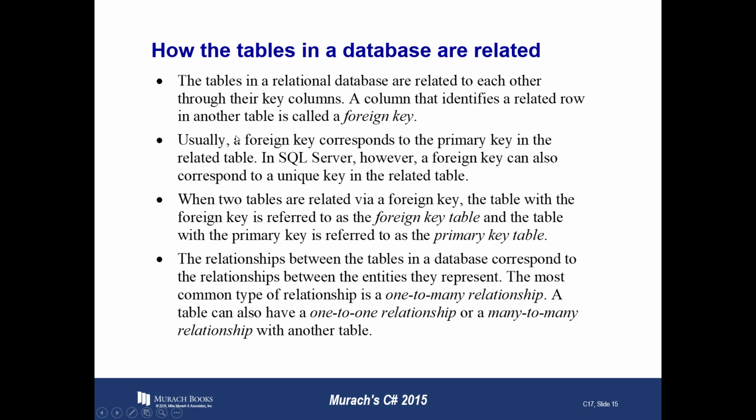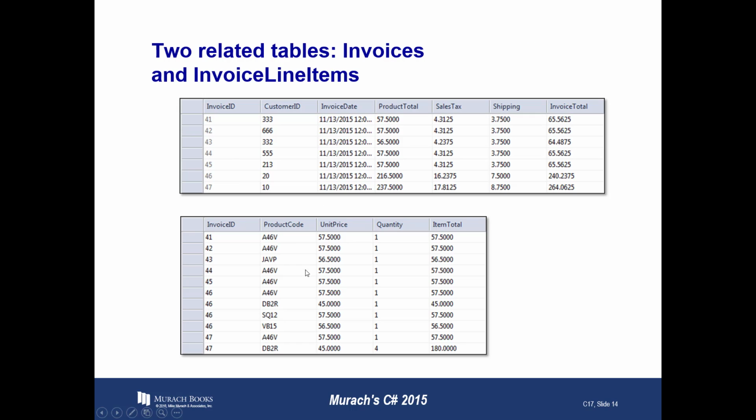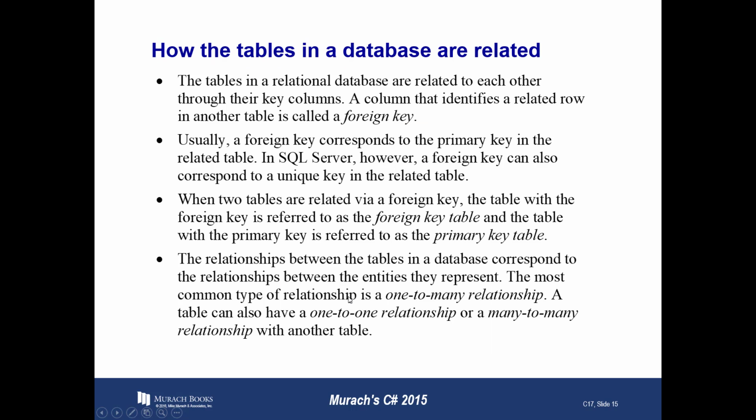All right. So as it says, the tables in a relational database are related to one another through key columns. When you add a primary key from one table into another table, it's used as a foreign key. This would be a one-to-many relationship. Every one invoice could have 0, 1, or more line items.